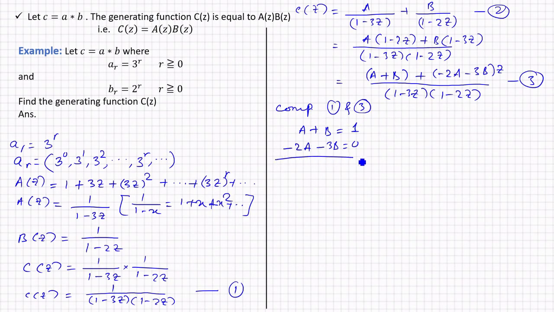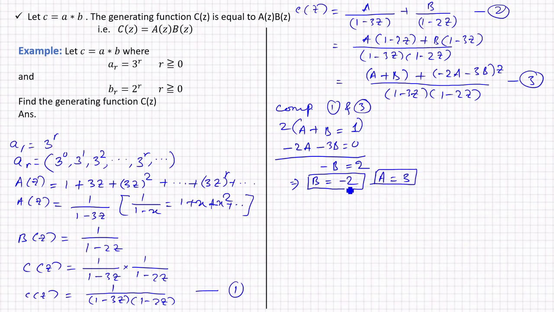Now let us solve these equations. The terms will cancel out: 2B minus 3B is equal to minus B, and it is 2 minus 0, which is equal to 2. So B is minus 2. Putting the value of minus 2 here, we get A equal to 3.